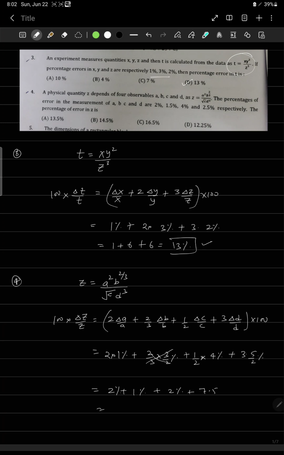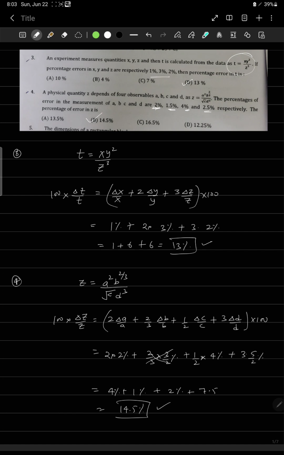Wait, I made a mistake somewhere. Again, I saw the last question. It's 2%, right? Delta a by a is 2%, so 2 times that makes it 4%. So 4 plus 2 plus 1 is 7, plus 7.5, so it is 14.5%. Correct? So that is option B.